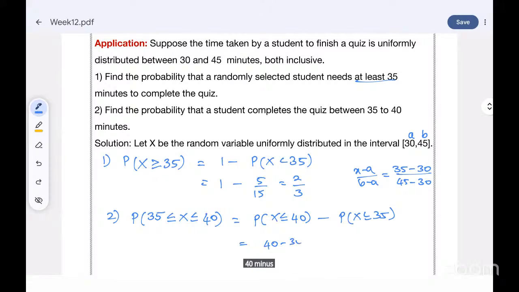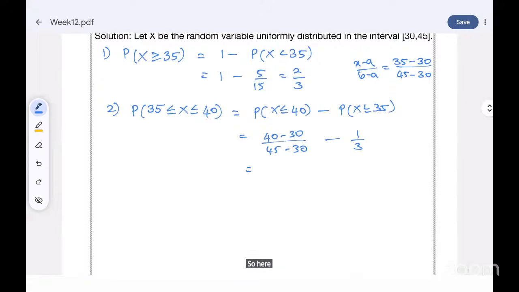It is 40 minus 30 by 45 minus 30, which is 10 by 15. And here we already have calculated this part, X less than 35, which is 1 by 3, right? So 2 by 3 minus 1 by 3. So the answer is 1 by 3. Is this fine? Yes, ma'am. Okay, good.